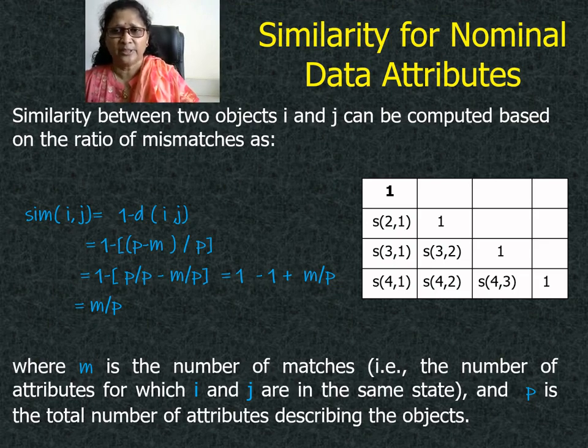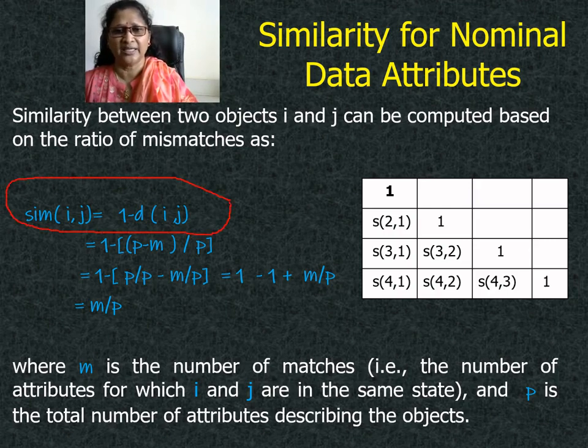Similarity for these nominal data attributes. Earlier, what we learned was the distance matrix. Now if we compute the similarity matrix, it is exactly the opposite. We learned the relationship between similarity and dissimilarity: similarity between two objects i and j is nothing but 1 minus its dissimilarity.